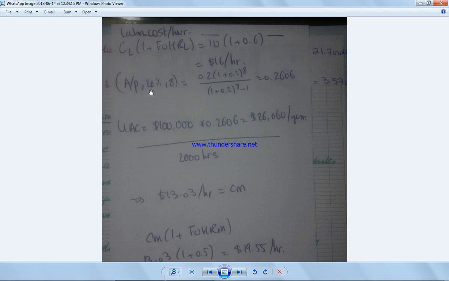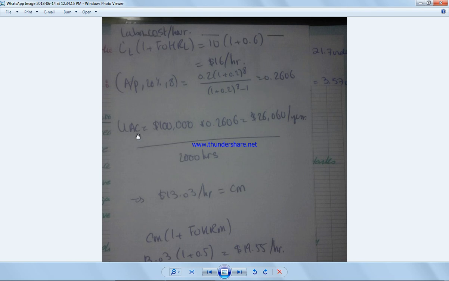Interest rate means like if you want to borrow money from the bank, there will be an interest rate on that money, and so how much is the annual payment over 8 years. So this will be i(1+i)^n over (1+i)^n minus 1. n is the number of years taken into consideration and i is the interest rate, which is 0.2.